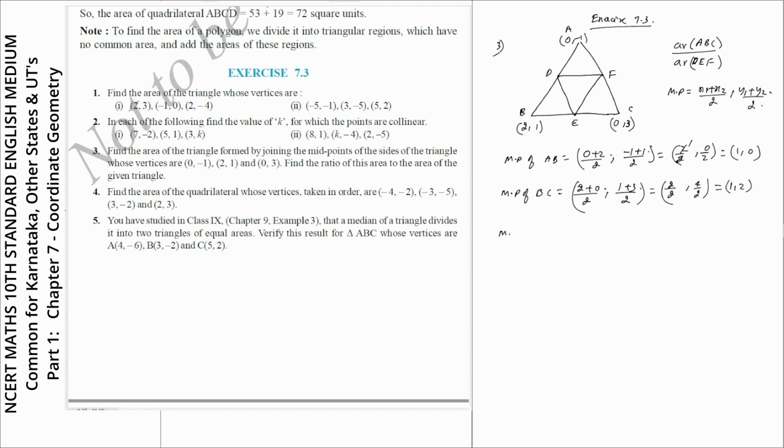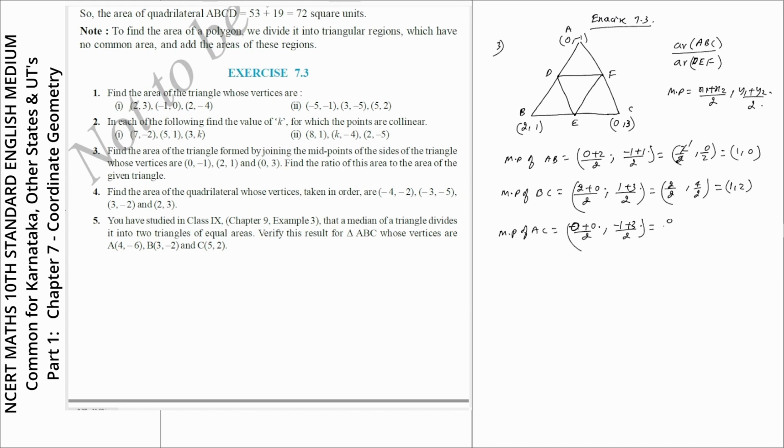So now midpoint of AC is given by x1 plus x2 by 2, that is 0 plus 0 by 2, comma minus 1 plus 3 by 2.